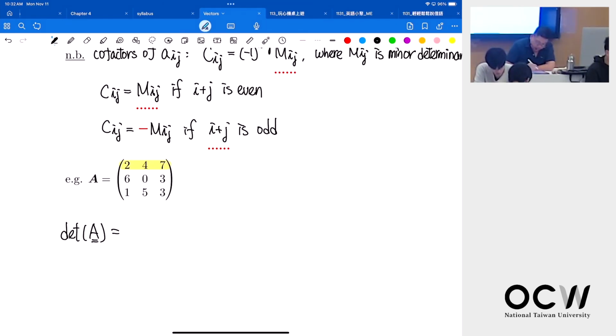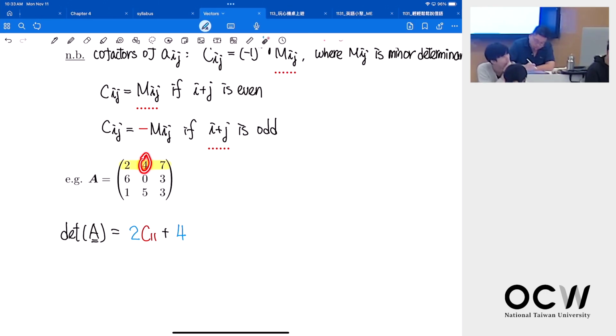I have 2. If I choose the first element, cross out the corresponding row and column, then the rest will be your minor determinant. Okay. There'll be C11. And then the second element 4.